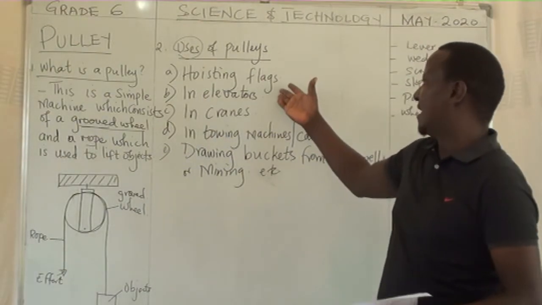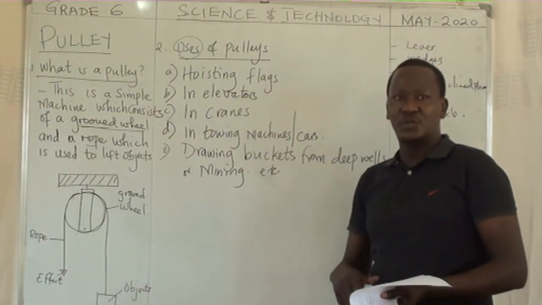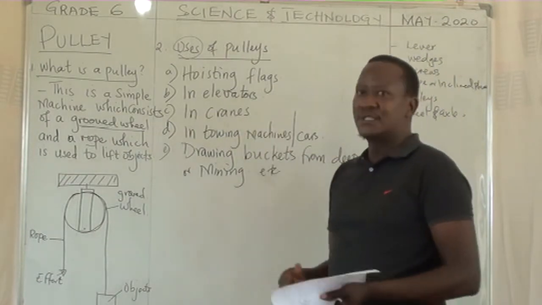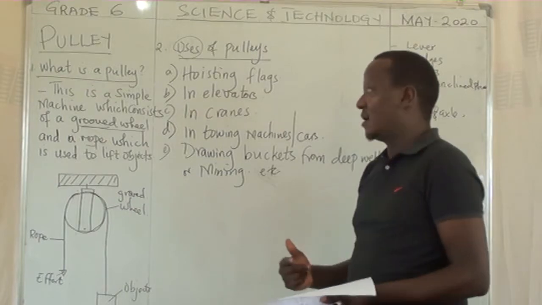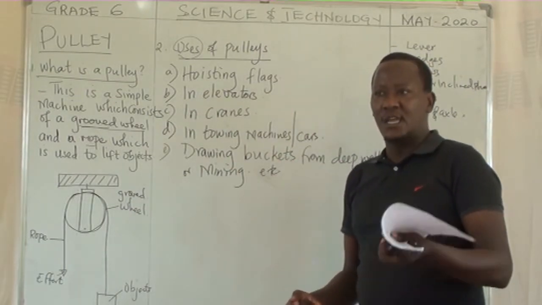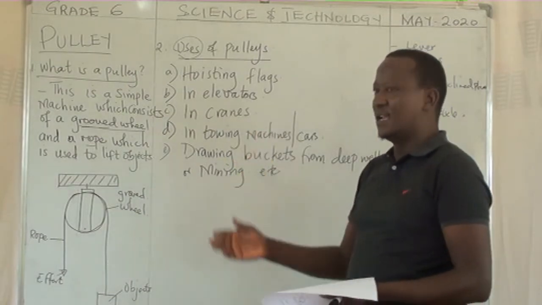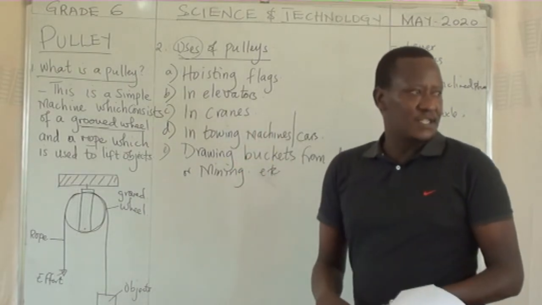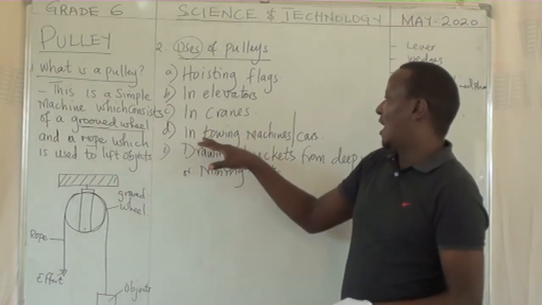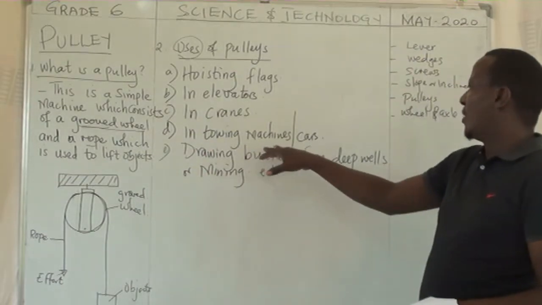One, we can use them in hoisting flags, meaning to raise and lower the flags. We can use the pulleys also in the elevators. Three, we can use the pulleys in the cranes, which are used in lifting heavy objects or heavy loads like containers in the ports. We also use them in towing machines and cars.